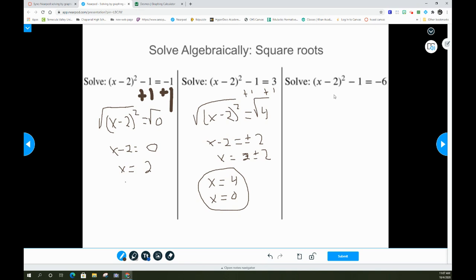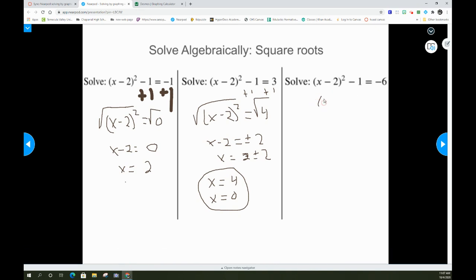And then finally over here, I'm going to add 1 to both sides. Get x minus 2 squared equals negative 5. All right, and then when I square root both sides, I get x minus 2 equals plus or minus square root of negative 5.